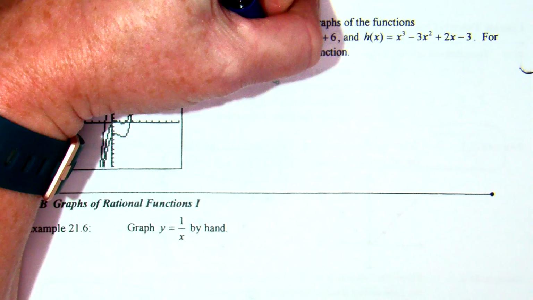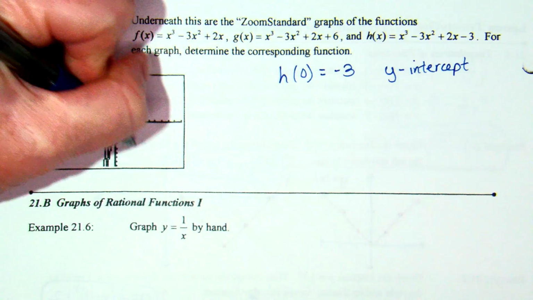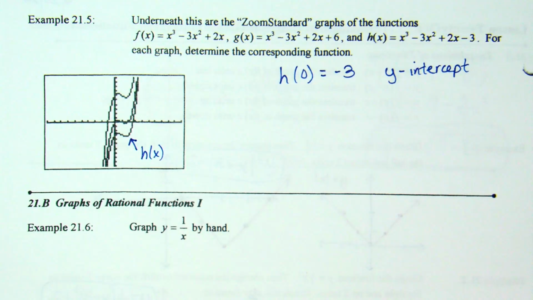Okay? So the point is that even though these are funky graphs and everything, if I'm going backwards, what about g? G has a y-intercept at 6, so it's the top one. And what about f?